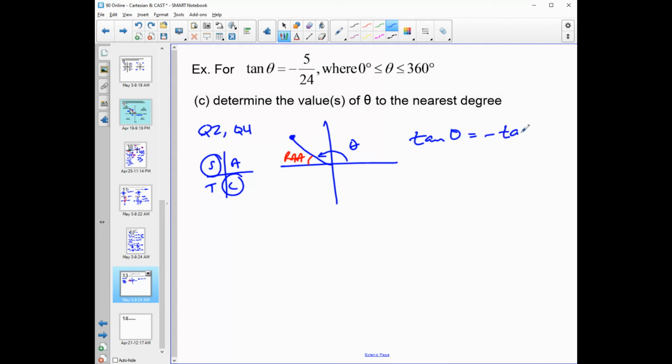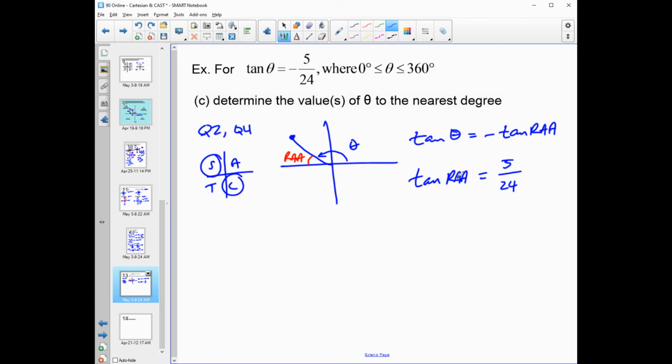That's the same as the tangent of the related acute angle. So other than that negative sign, we can relate the angle theta to the related acute angle. Now that lets us do something very important: if tan theta is negative 5/24, then the tangent of the related acute angle must just be 5/24.